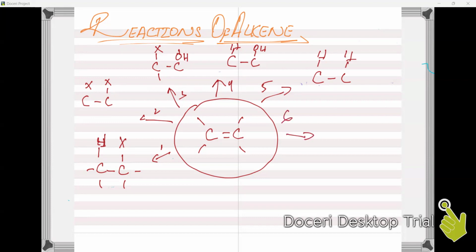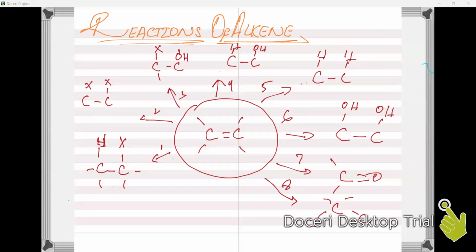These are sort of reactions. Number six, it can be changed into diol. It can be changed into carbonyl compound. It can be changed into number eight, cyclopropane, a three carbon compound.